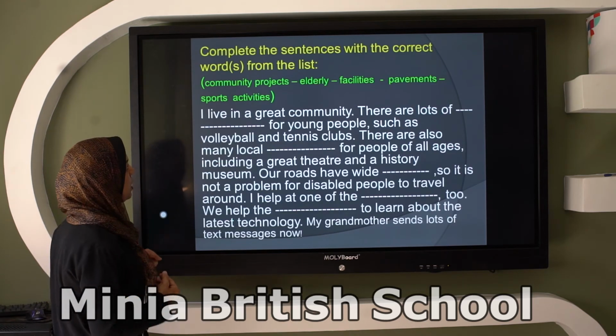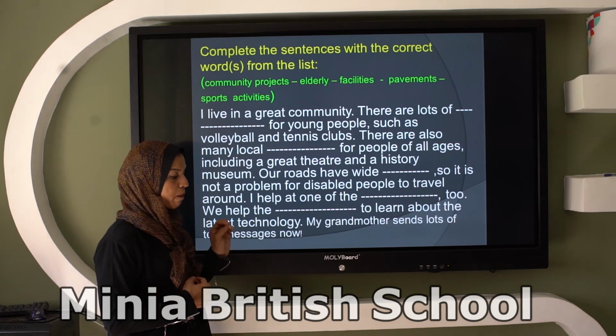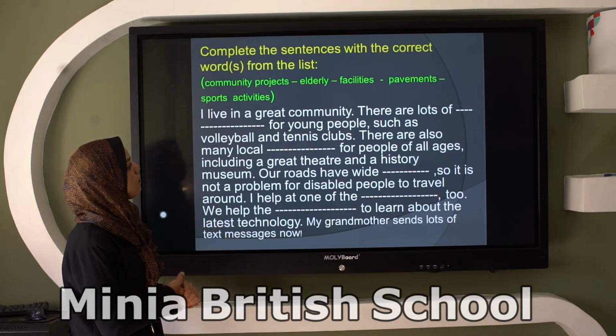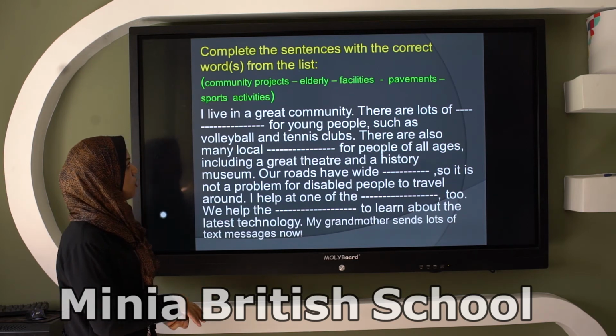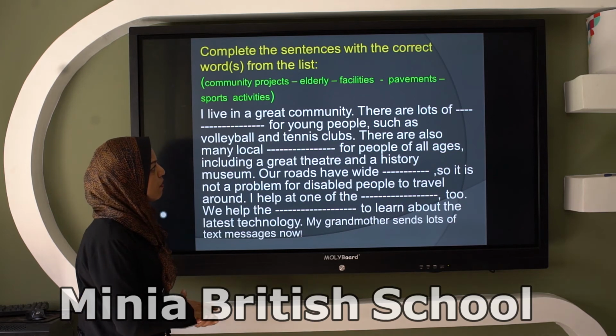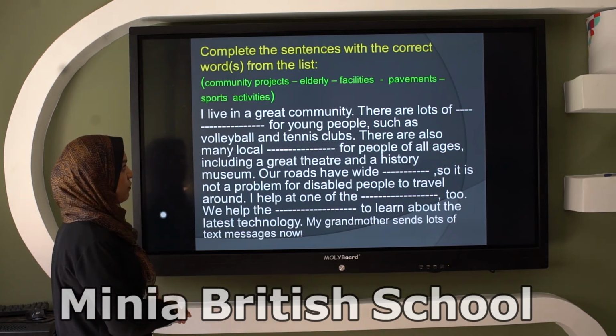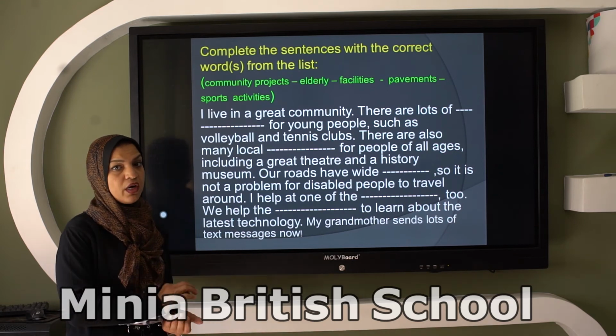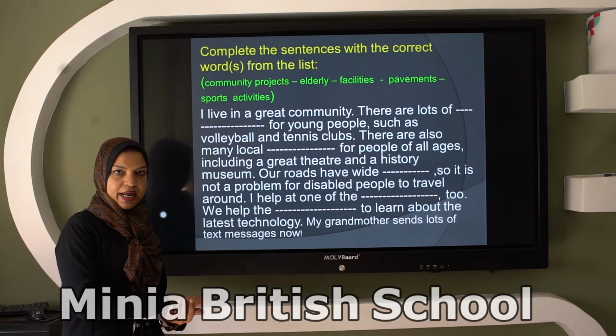Now here, the first exercise is about completing the sentences with the correct word from the list. The words are community projects, elderly, facilities, pavements, sports activities. We all know that the word elderly is never an adverb, but an adjective.